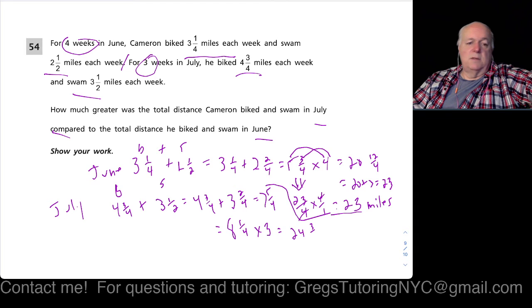We could also map this into a top-heavy fraction. 8 times 4 is 32. We get 33 over 4 times 3. That gives us 99 over 4.